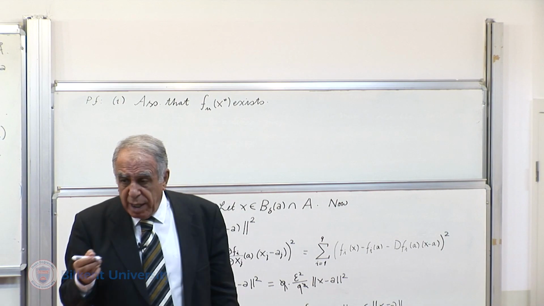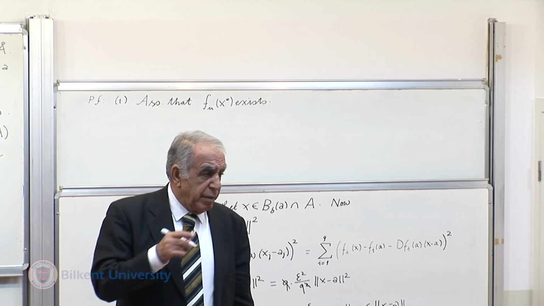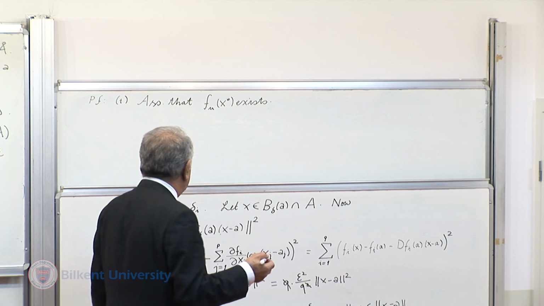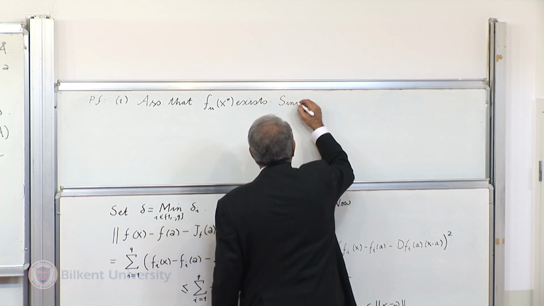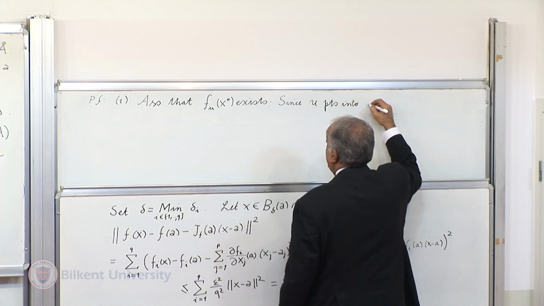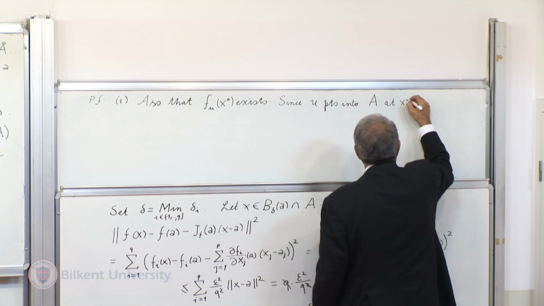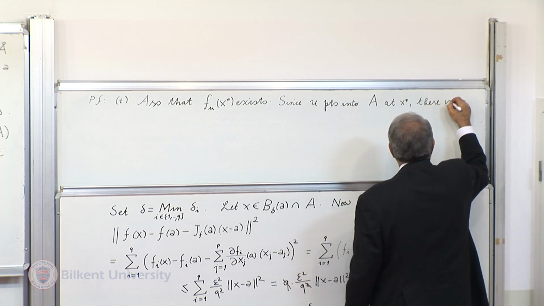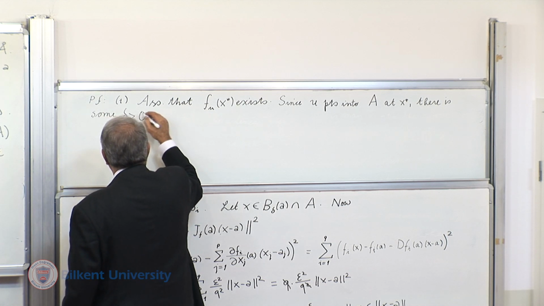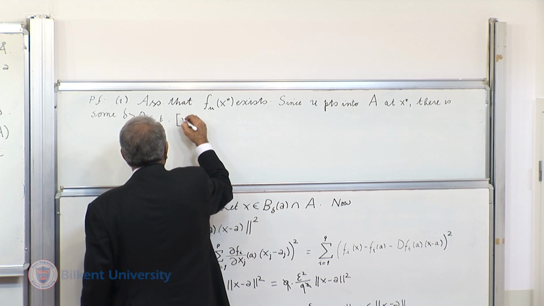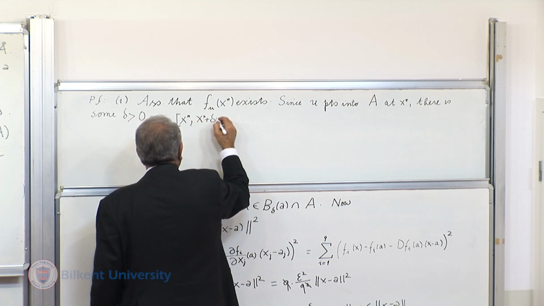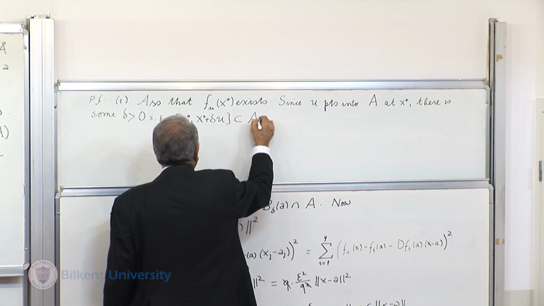That means there is some delta positive such that the line segment from x star to x star plus delta u stays entirely within cap A. Since u points into A at x star, there is some delta positive such that the line segment from x star to x star plus delta u is contained in A.